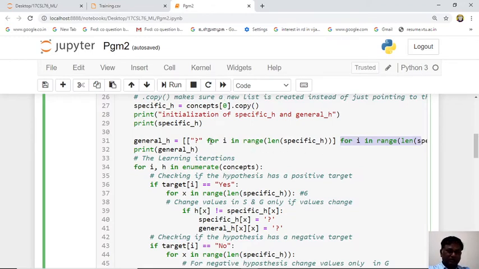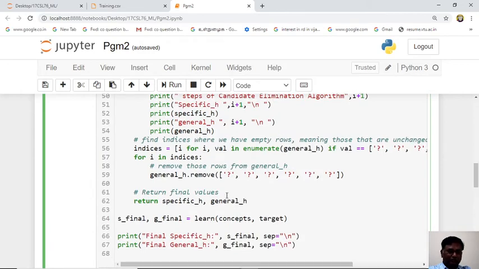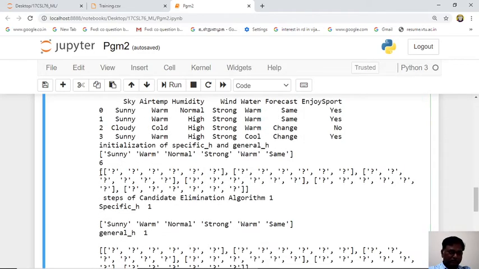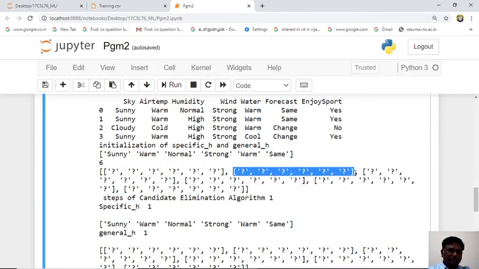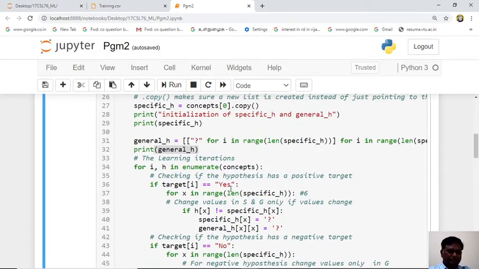So this 6, this 6, and for i equal to 1 to 6, this 6, and we are initializing a question mark there. We are printing the general H, you can see the value. So this is the value, 6 into 6 times. In this inner for loop, inner 6, first generalization, second generalization, like that 6 possible generalizations you can do. So that is our initial step.